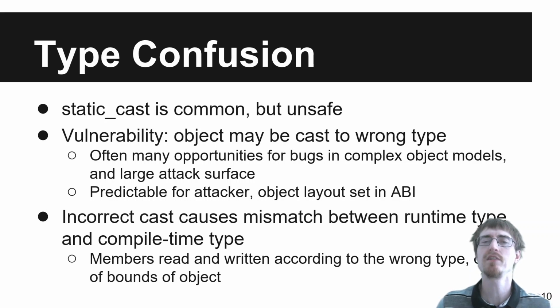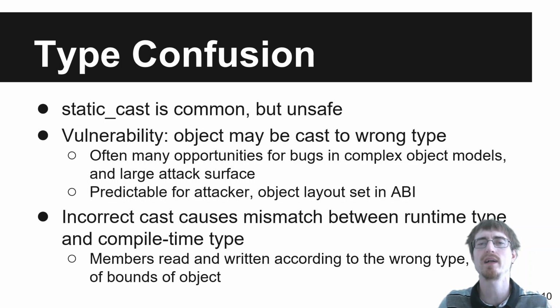Well, what happens if we perform the wrong cast? So static cast will simply perform its cast, creating a pointer of one type, pointing to an object of another type. Now, this means there is a mismatch between what I will call the runtime type and the compile time type. So the runtime type is the object that is actually stored in memory, whereas the compile time type is the type of the pointer pointing to it.